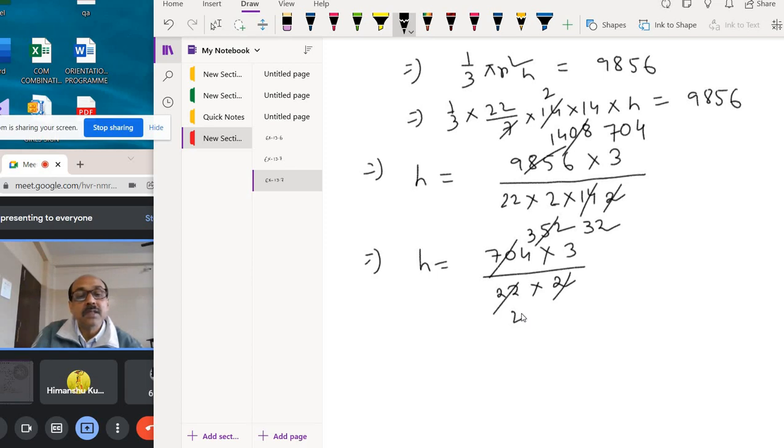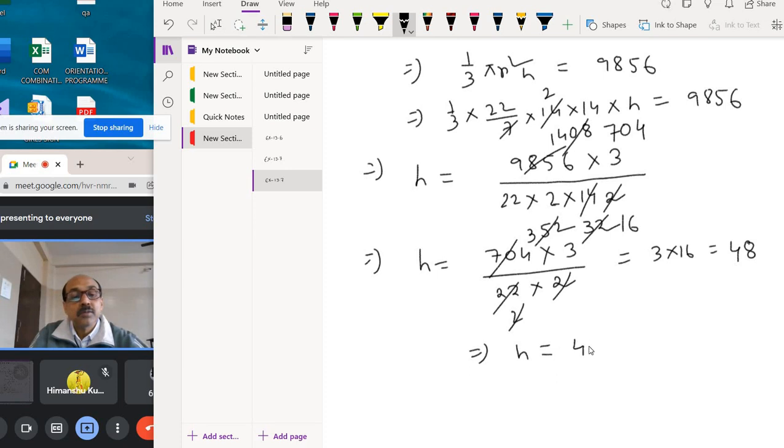Again 2 and 16, 16 2s are 32. So h equal to 3 into 16 equal to 48. Okay. So the height is, therefore, 48 centimeters. This is the height of the cone.